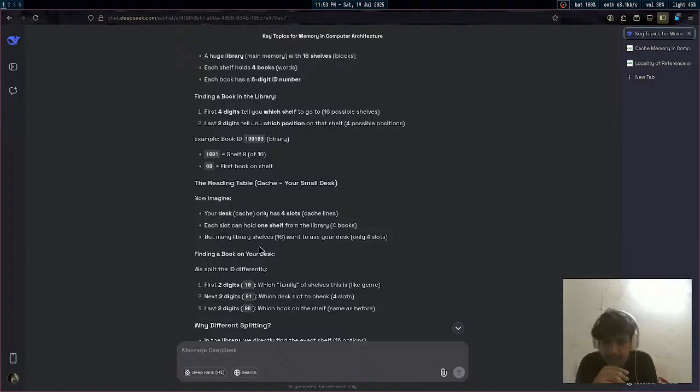Which family of shelf this is? Next digit. Which desk slot to check? Which book on the shelf?